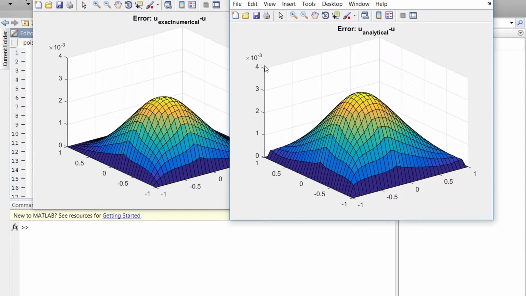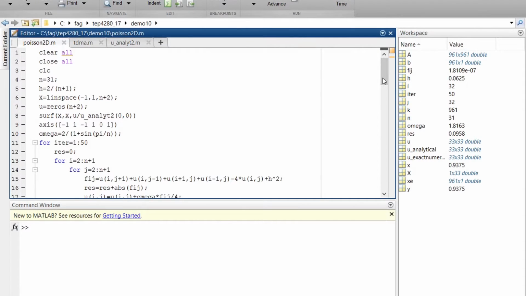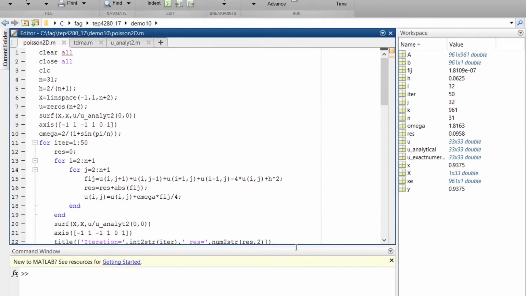So it will actually be enough with say 50 or a little bit more iterations. Okay, you can play around with this one yourself. Any questions to this square duct? That's okay.